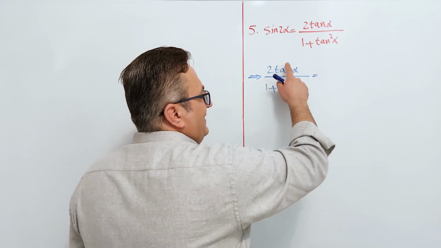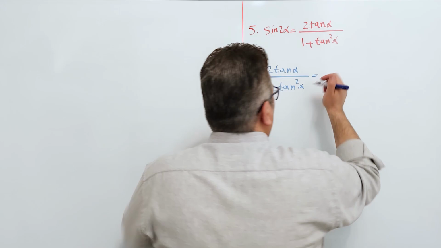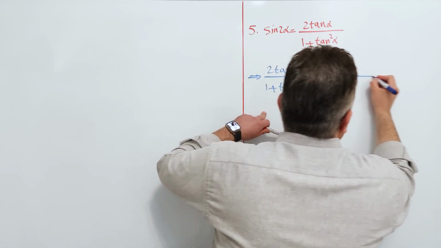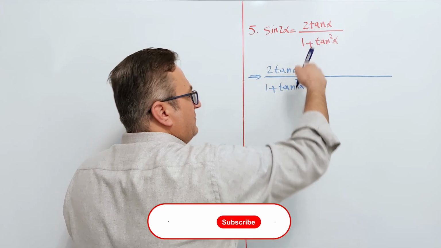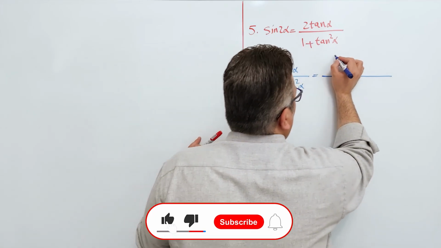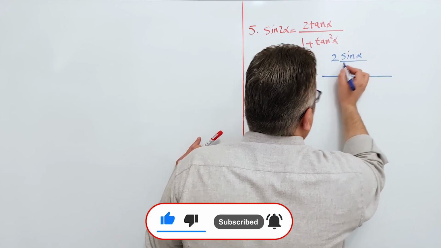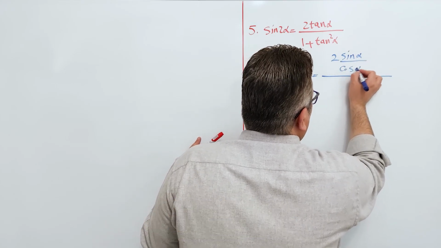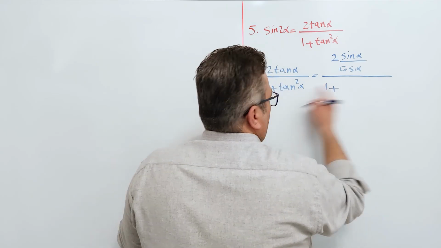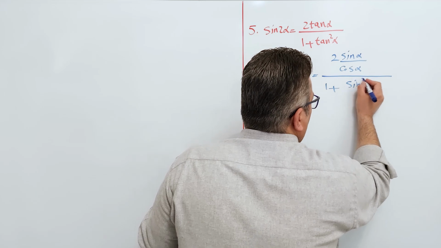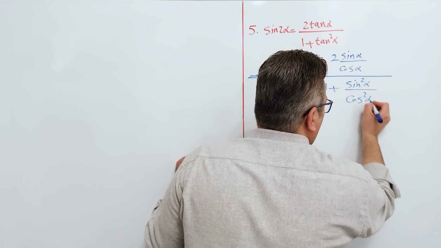We first expand the tangent in the formula above. So we know that tangent alpha is equal to sine alpha divided by cosine alpha. So we have 2 sine alpha divided by cosine alpha, divided by 1 plus sine squared alpha divided by cosine squared alpha.